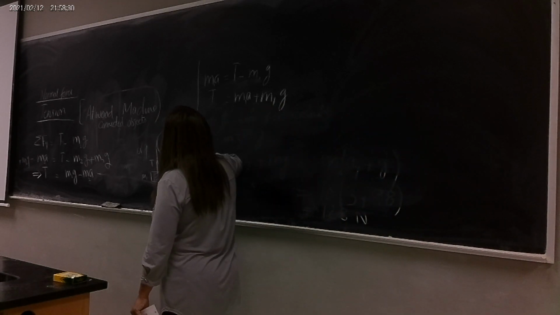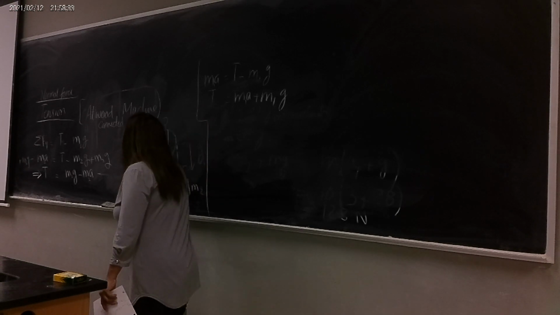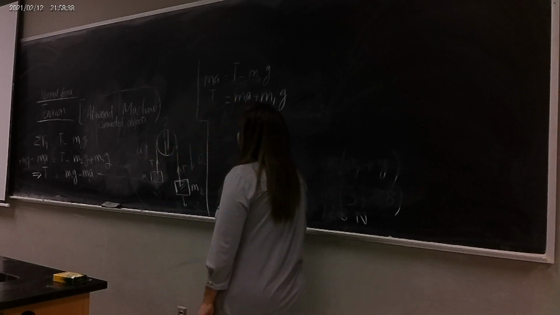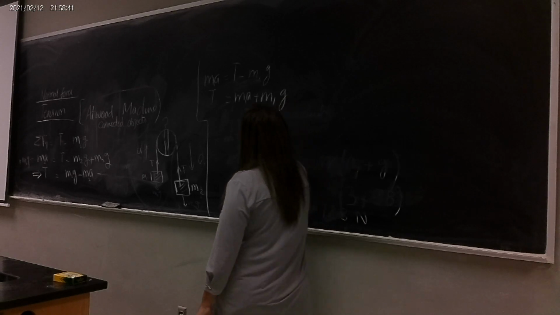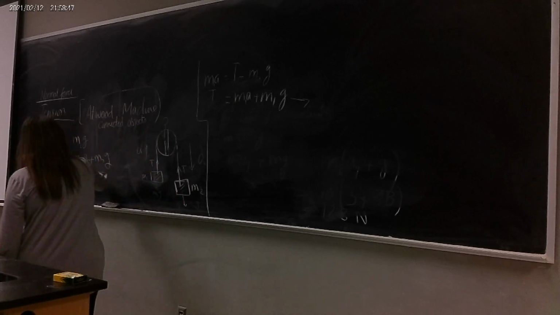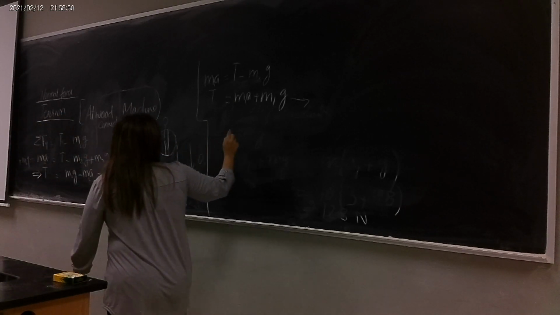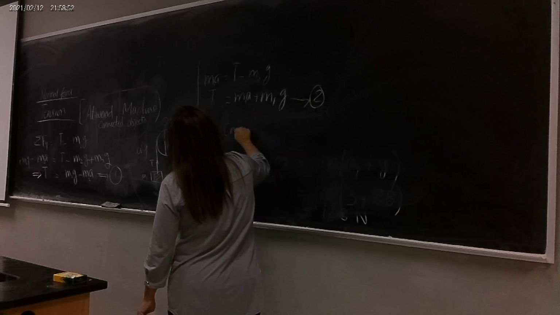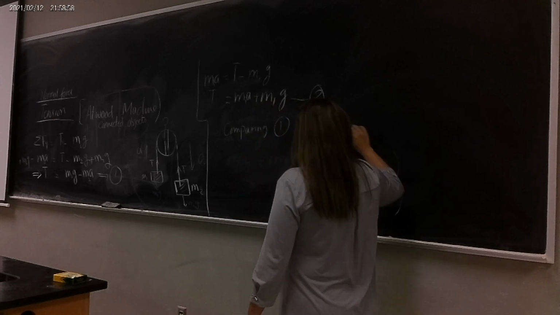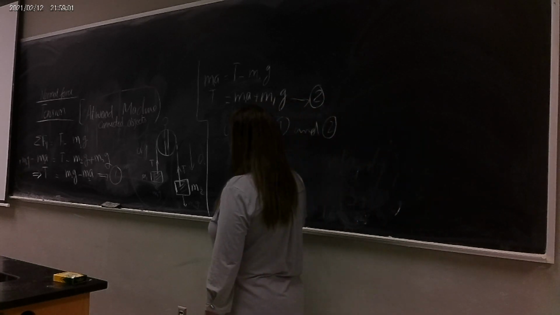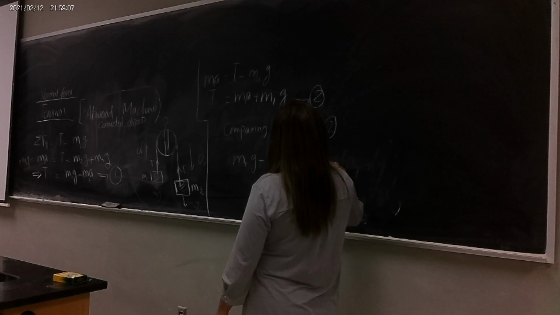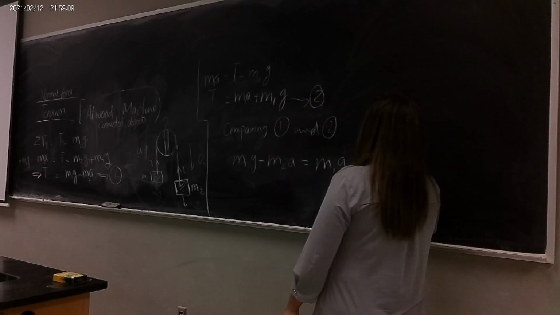So we found out the net force on this mass M2. We found out the net force on this mass M1. And found T. Since T is the same in both, if we compare 1 and 2, we can say these right-hand sides are equal: M2G minus M2A equals M1A plus M1G.